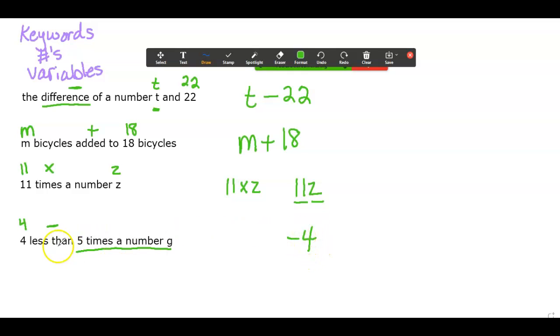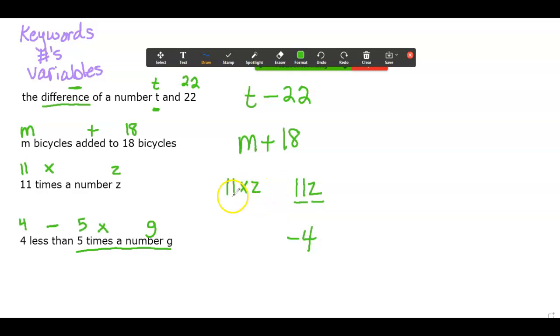Just think of it this way: I can't take 4 from nothing. And basically that's what that's saying. Take away 4. Well, I can't take 4 from nothing. I have to take it from here. So then this part has 5 times g.